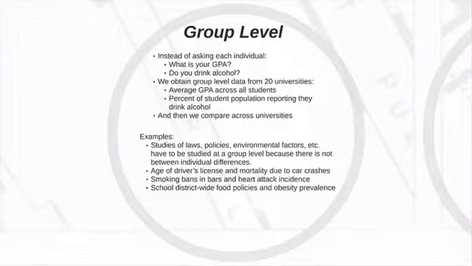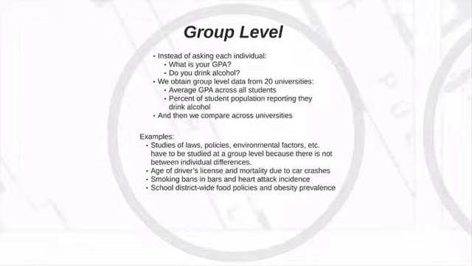Within Philly, we looked at Penn, Temple, Drexel, et cetera. And say from the university office, we were able to obtain just one data point that was the average GPA across all students. And from the health services department, we obtained a number that was the percent of the student population reporting that they drink. So again, we have one data point for every group, and then we can compare across universities.